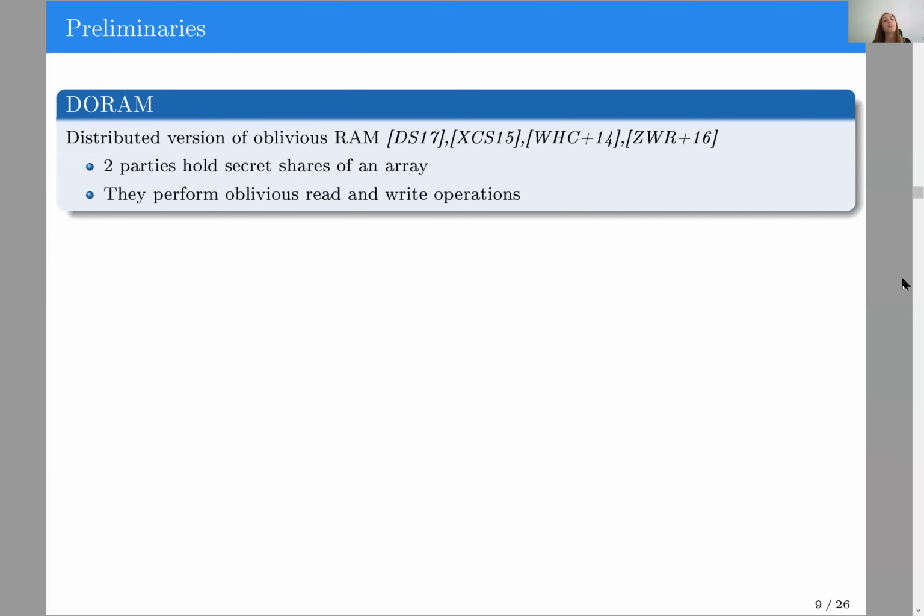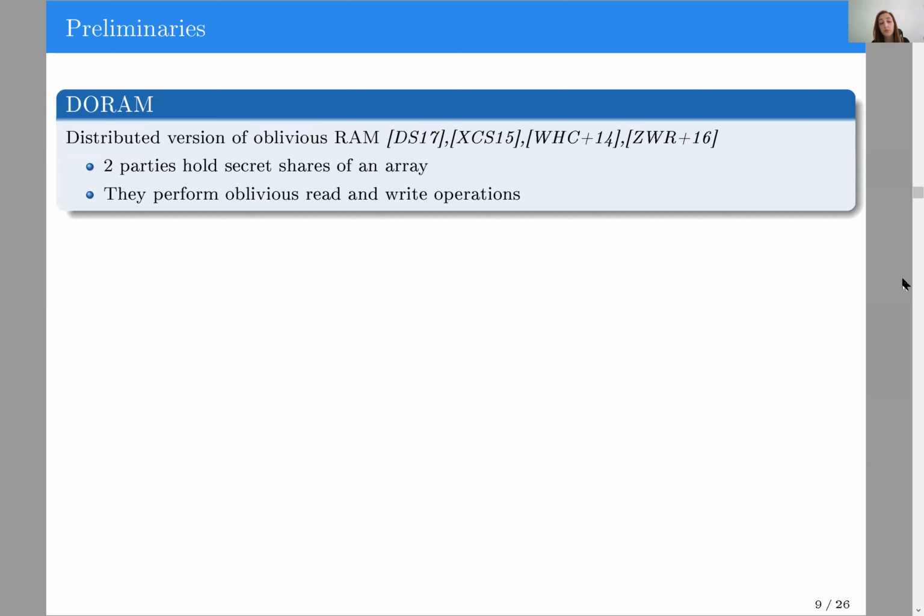So the fourth ingredient is going to be distributed DORAM. Why do we need DORAM? Because we want to protect the accesses to the database. Again, there are multiple constructions in the literature. DORAM allows two parties to perform oblivious reads and writes on a certain secret-shared array.